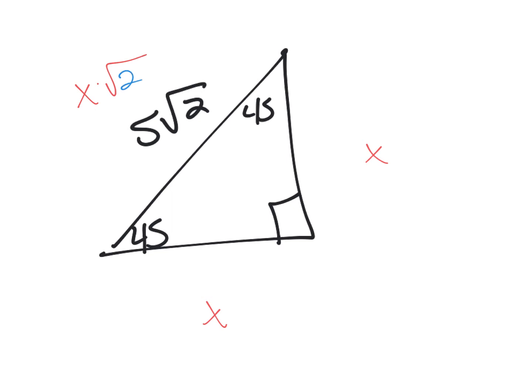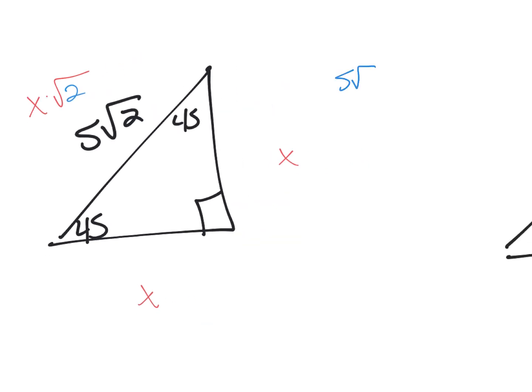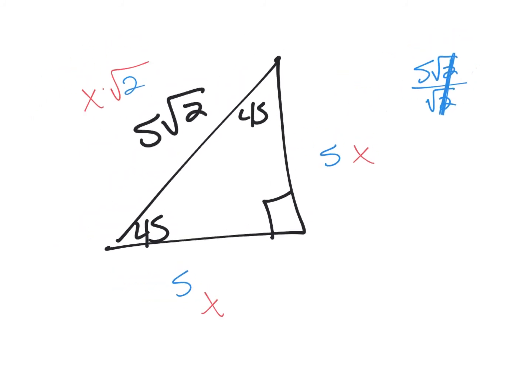It'd be 5 square root 2 divided by the square root of 2. Those cancel because we're trying to get that square root of 2 off of there. So this would just be 5. Right? That makes sense. If the x is 5, then the hypotenuse would be 5 times square root 2.